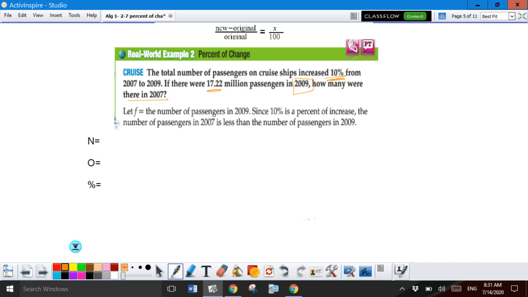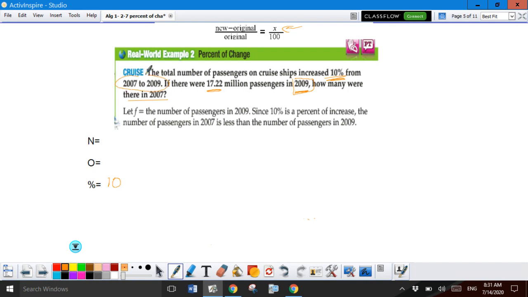Okay, so let's think about what we have. We need to have, for our formula, a new and original. And if I have a percent, the percent is going to go on the top, and I have the 100. So reading this, I see my percent. That's easy. So I know this is going to be a 10. Now, if there were 17.22 million passengers in 2009, that's what I have to decide. Is that my new or is that my original?